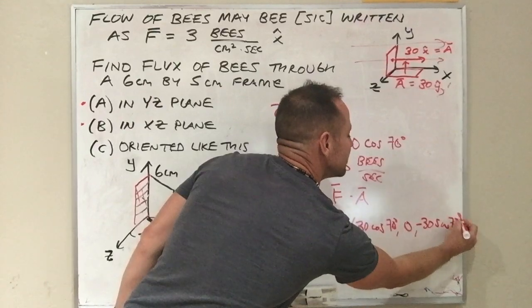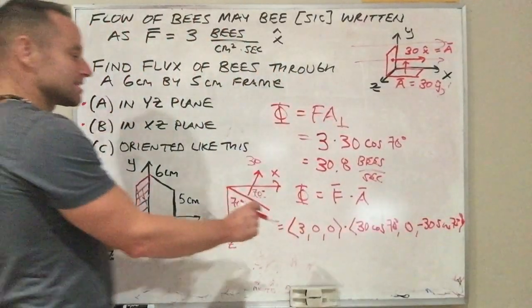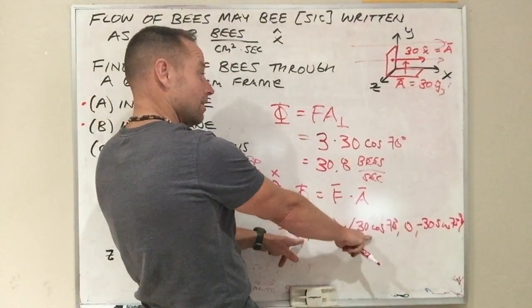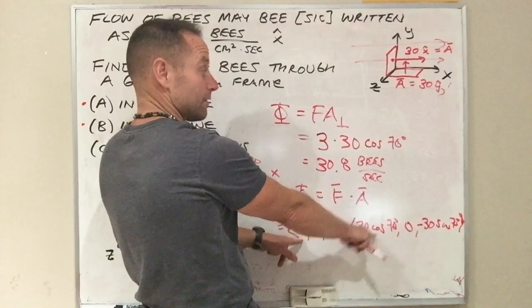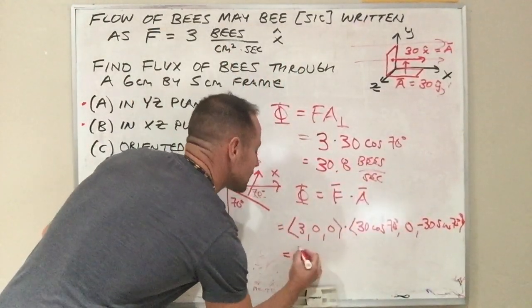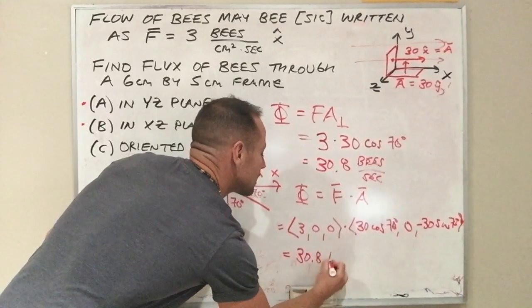That's very messy. But it doesn't matter anyway, because when we take the dot product, it's going to go away. So you notice you get 90 cos 70, as we got before actually, and then 0 and 0 when you take the dot product. And so then that's also going to be 30.8 B's per second.